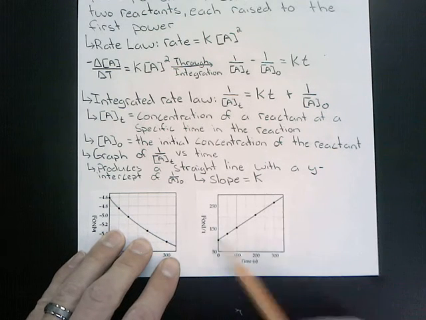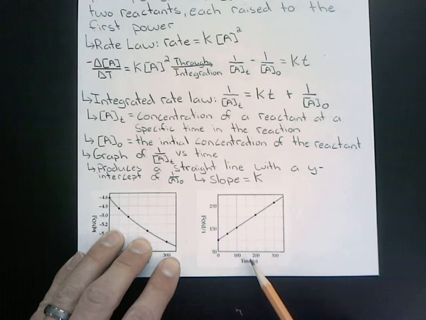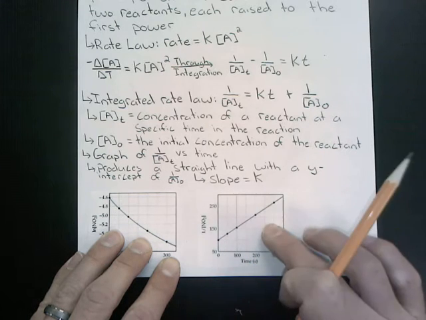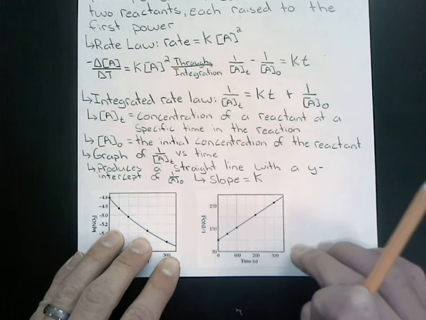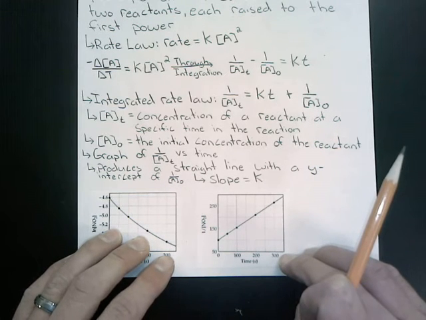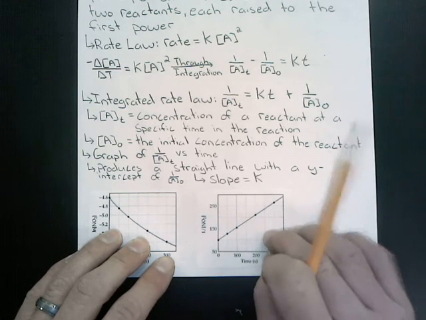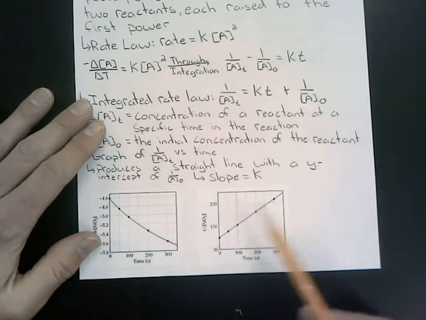But because these same data points, as 1 over the concentration of NO2 versus time, produce a straight line, this is going to be a second order reactant. So we can identify through data points if a reaction is second or first order, and we're looking for that straight line.